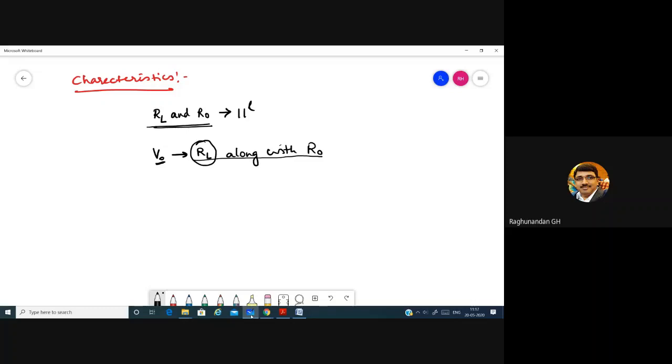In module 1, we already studied the small signal model, where we discussed the re model and hybrid pi model. In the same way, we can write the small signal model for MOSFET also.